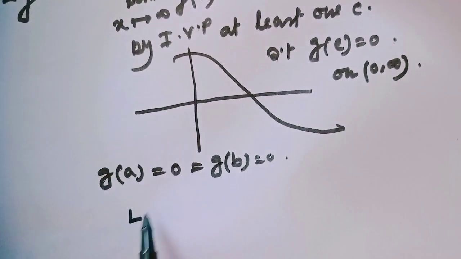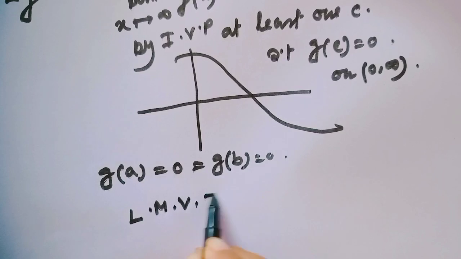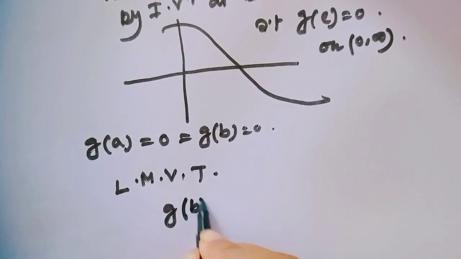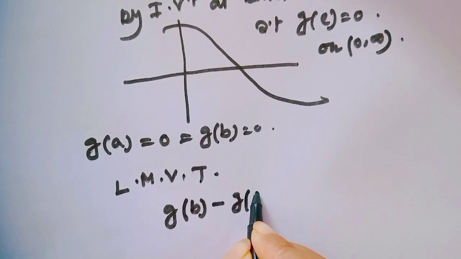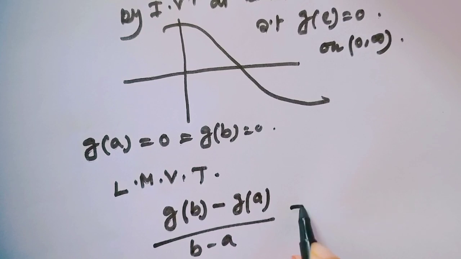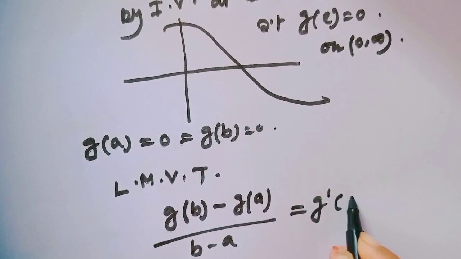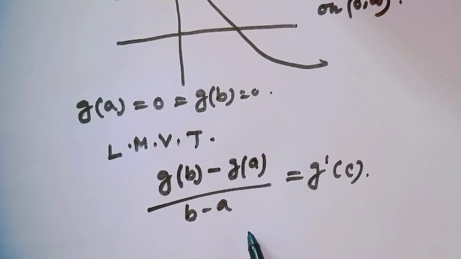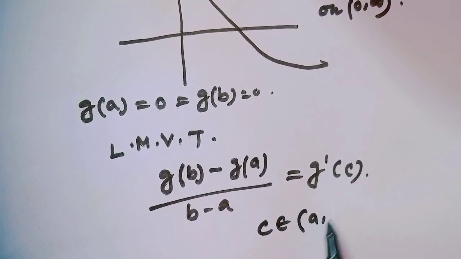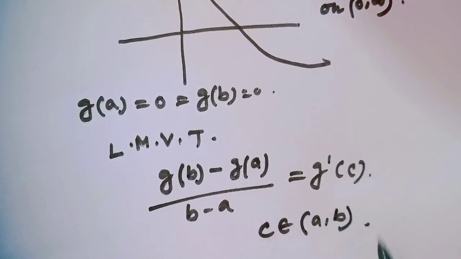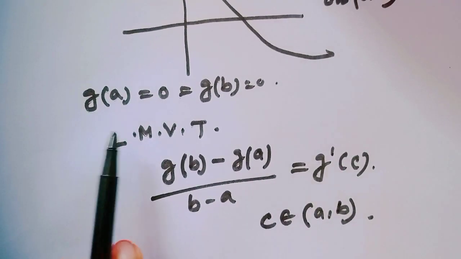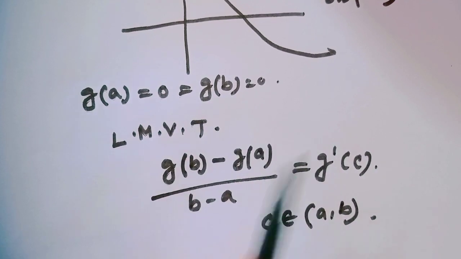Therefore, by the Lagrange mean value theorem, we can tell (g of b minus g of a) over (b minus a) equal to g prime of c, where c belongs to the open interval (a, b). And here I have considered g of a equal to 0 and g of b equal to 0.